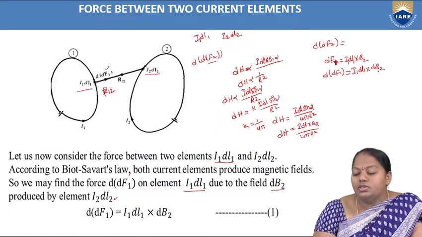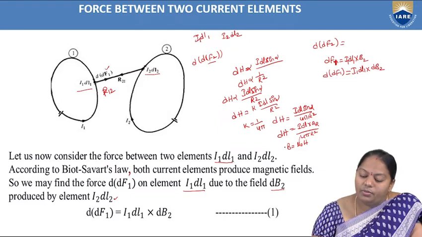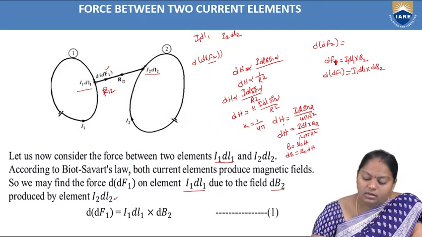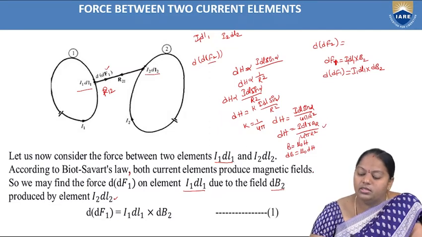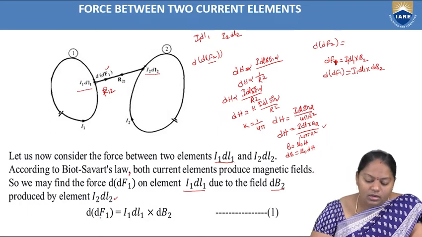In place of this dB2, we know that the relation between B and H is B equal to mu naught into H. So from this, if you want to substitute B2 by H, this differential component dB is equal to mu naught into dH. So from the Biot-Savart's law, the relation is given by I dl aR by 4 pi R square. So from that, d of dF1 is equal to I1 dl1 into dB2.